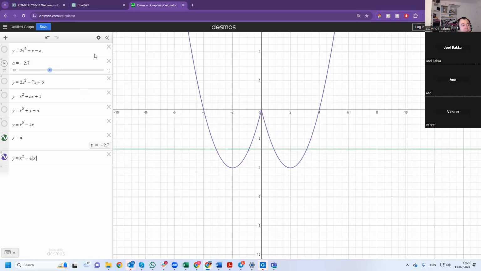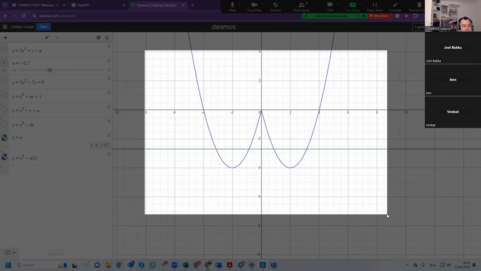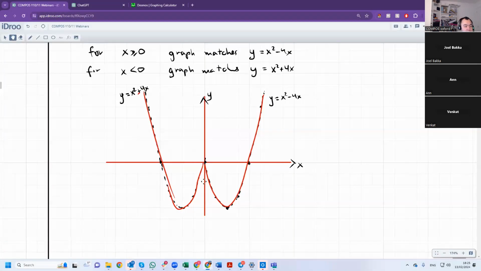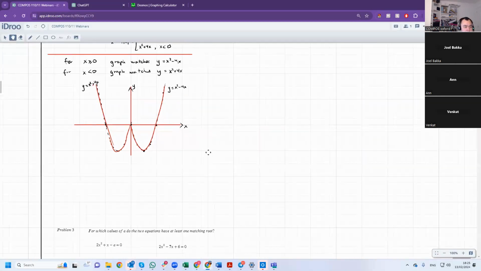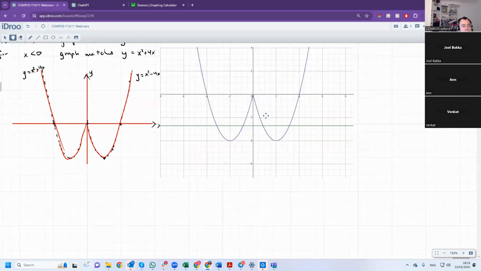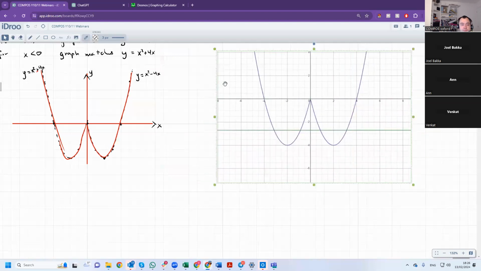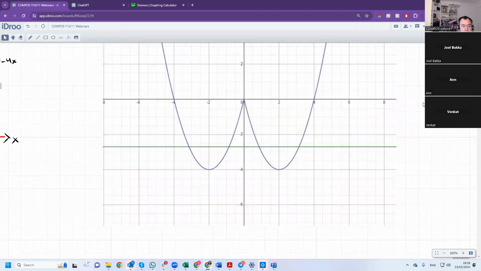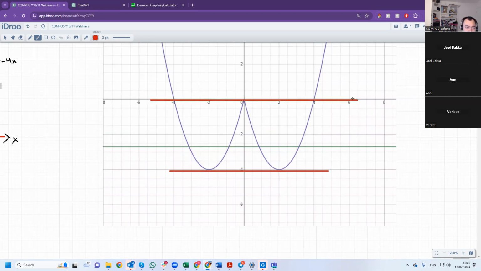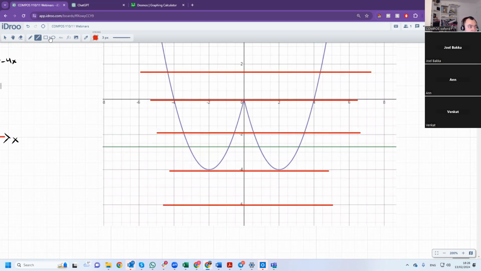So what I'm going to do, so this is a equals minus 4, a equals 0, a is greater, like this.